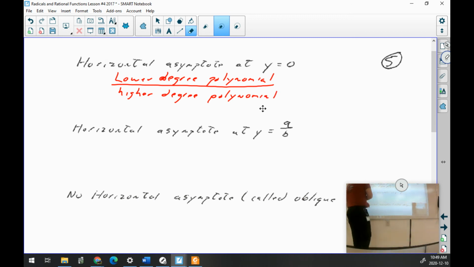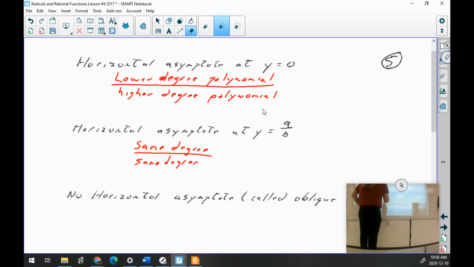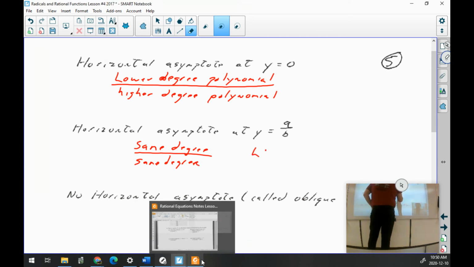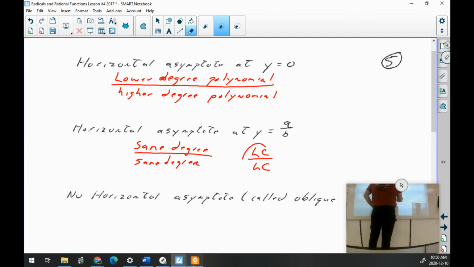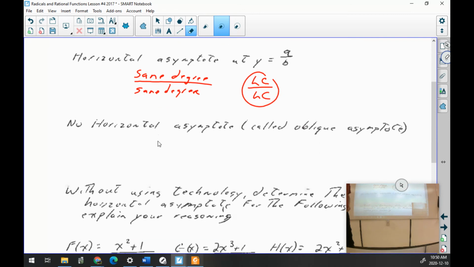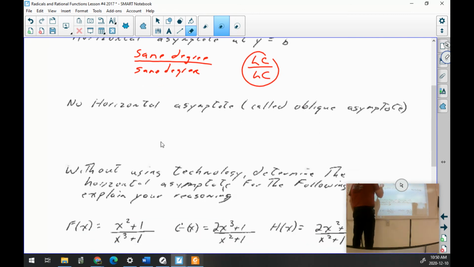If you have A over B, it is going to be the same degree, and we're looking at the leading coefficient over the leading coefficient. That's how you get that A over B. And then finally, the oblique or slant asymptote, where we have no horizontal asymptote, we have the higher degree on the top and the lower degree polynomial on the bottom.